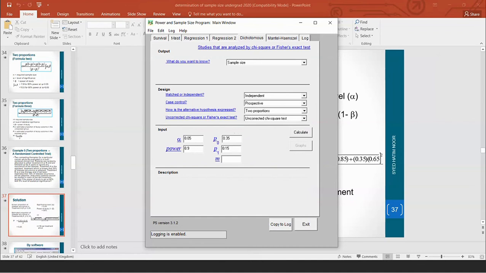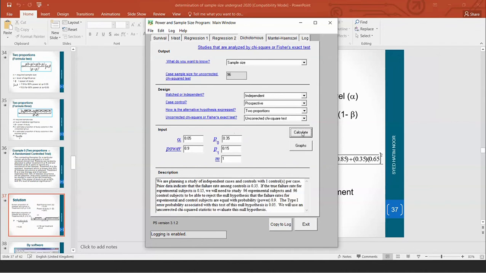The ratio of control to case, we want it to be the same, so just put 1. Calculate. Same, 96 per group. Alright, any questions?